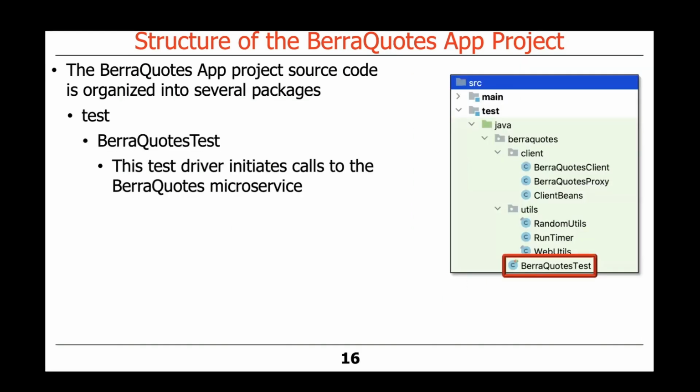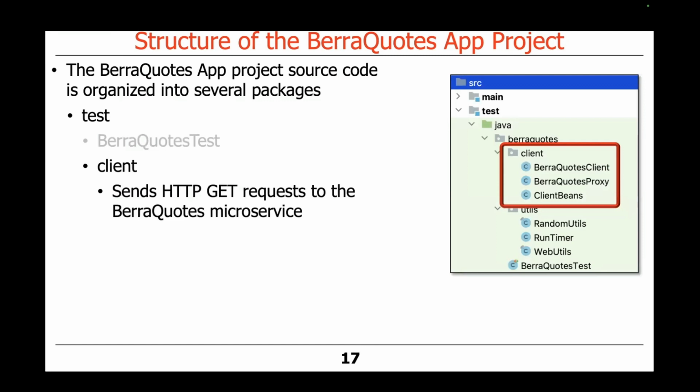There's also the client side where we have the test driver, and that's what will use the other parts of the client implementation to initiate calls on the BerraQuotes microservice. We've got essentially a client proxy portion where we have the BerraQuotes client, the BerraQuotes proxy.